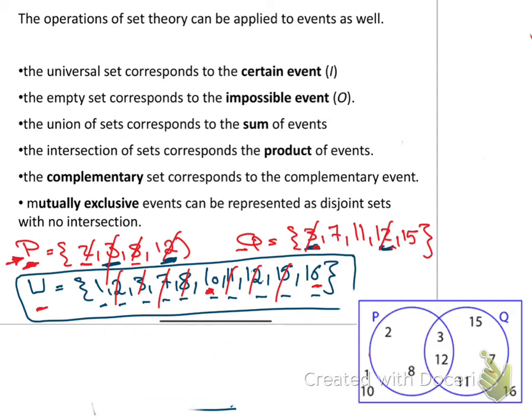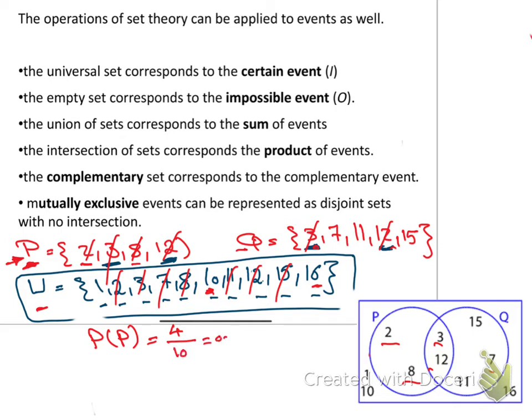So let us now give an example to understand. I have now 10 elements inside the universal set. If I pick one element from this universal set, what is the probability that it will be part of set P? So I have to check the probability of being in set P equals how many elements inside set P? 1, 2, 3, 4. 4 divided by the universal set, which is 10.